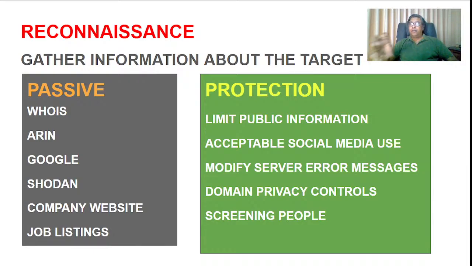When your server is giving error messages, they know what software, what versions, what database are in your server, so they can use different tools to exploit those particular vulnerabilities. And domain privacy controls. And you have to screen people when you hire them. So this is not only technical, it is also administrative and physical controls you have to bring in.